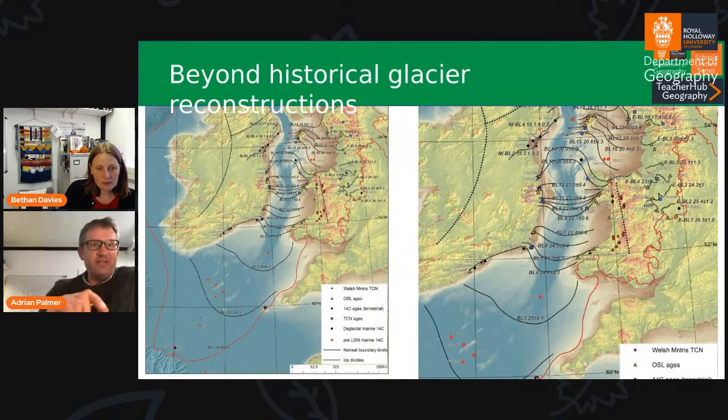So you can then use that information. You can put it on distance, and you can work out what the retreat rates are through all of these. I mean, there are some complications within that. It's not quite as simple as that in terms of how you actually collect the data. But the point is that we can still get an understanding of how these big ice sheets were retreating, the rate at which they were retreating, and therefore get a better understanding of the dynamics of that glacier.